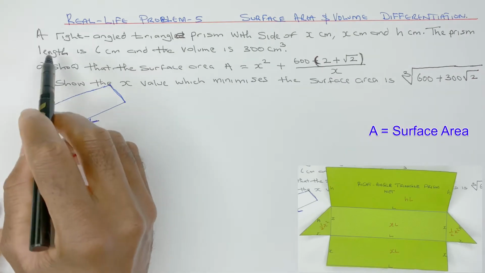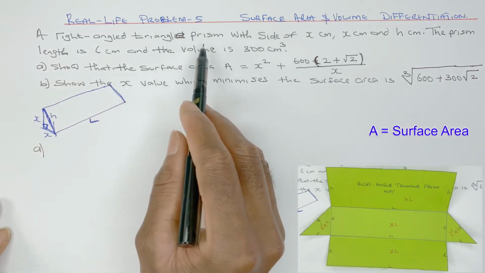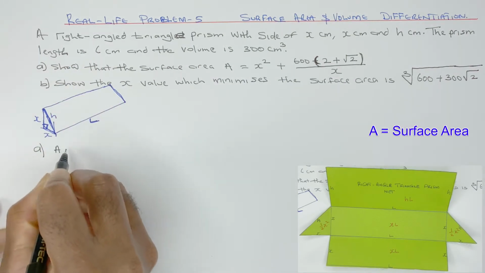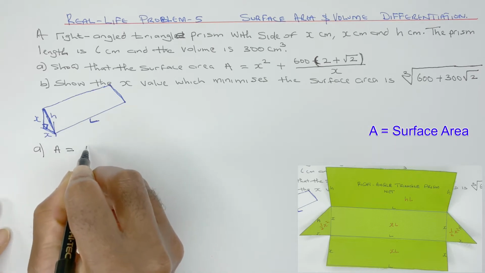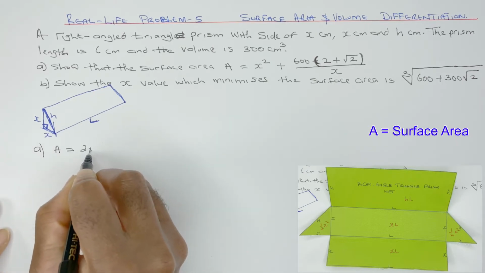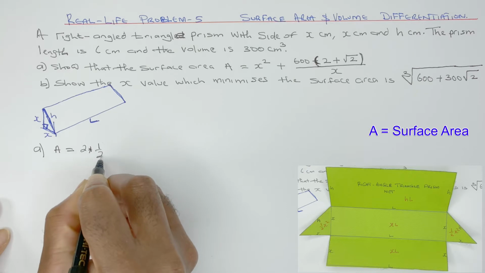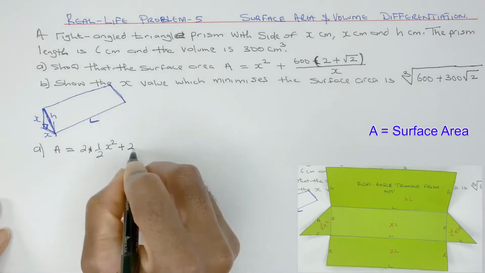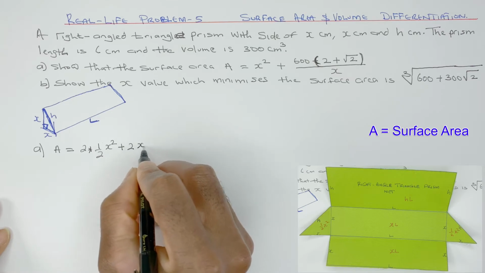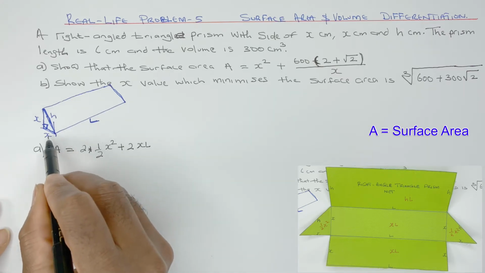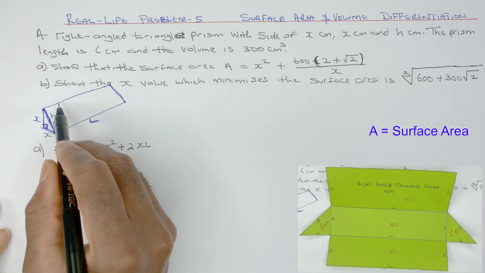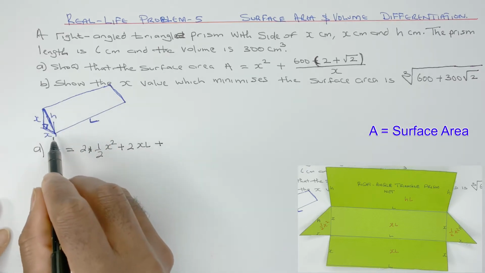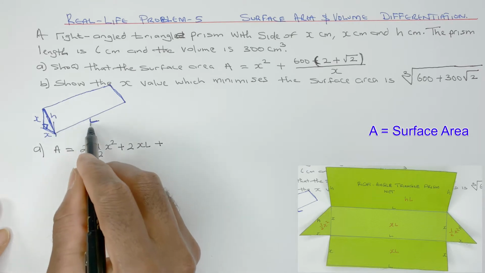So the area of the right angle triangle prism will be A equals 2 times a half X squared plus 2 times XL, that's XL at the bottom here and XL on the side, plus we've got the HL here.